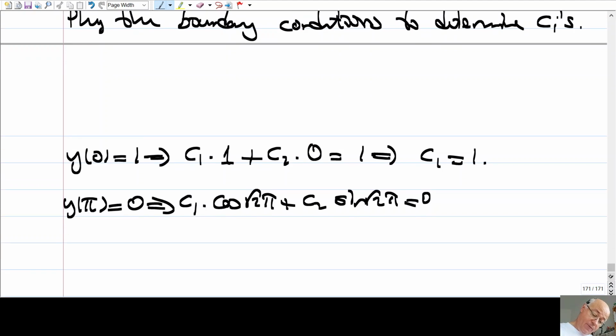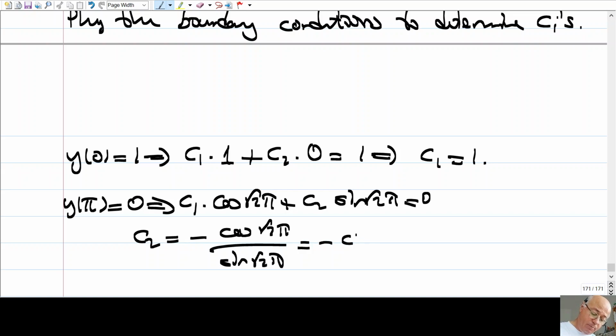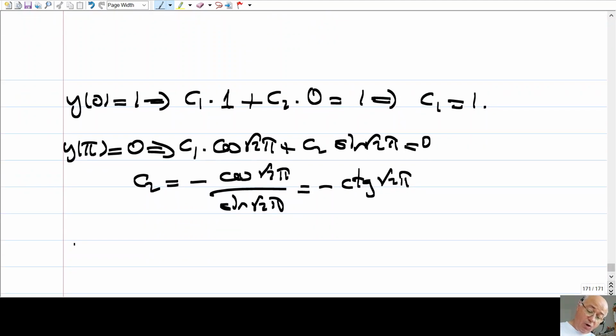All right. From this, we see what? C1 is already 1, so C2 is then minus cosine root 2 pi divided by sine root 2 pi. So it is minus cotangent root 2 pi.